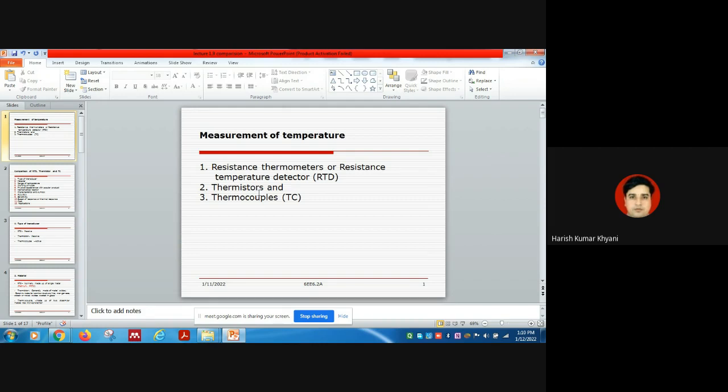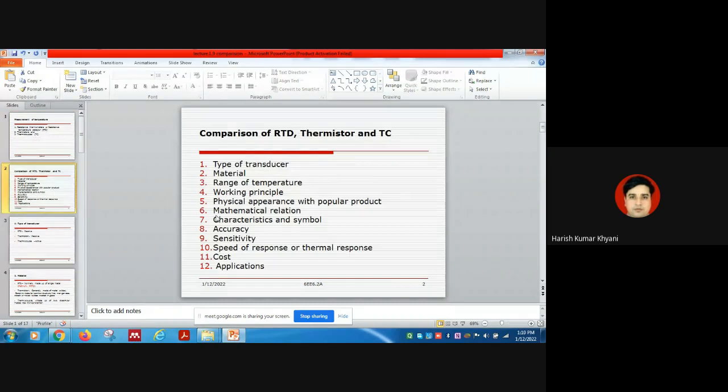So we'll discuss some parameters one by one. So let us see what these parameters are. First, we will discuss the type of transducer. It means which type of transducer is RTD, thermistor, and thermocouple. Then we will discuss the material for the construction. Which kind of material is used for different transducers like RTD, thermistor, and thermocouples.